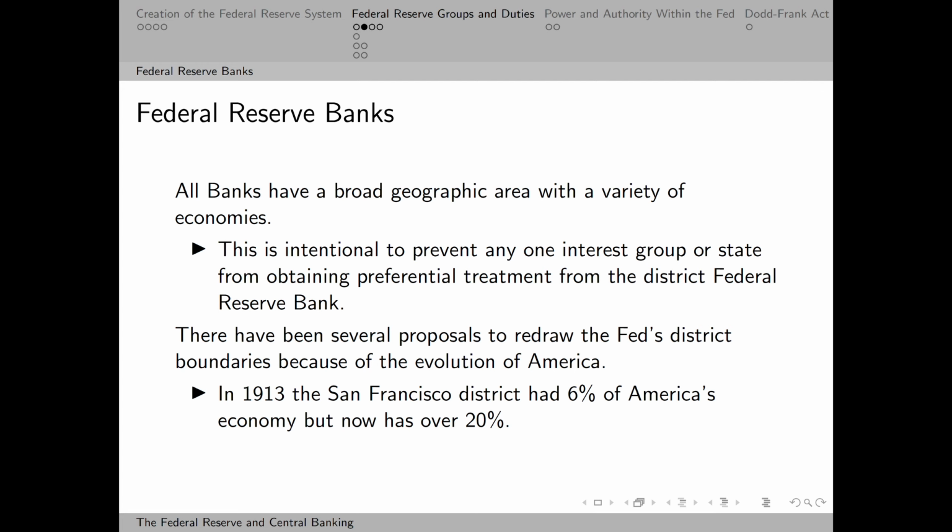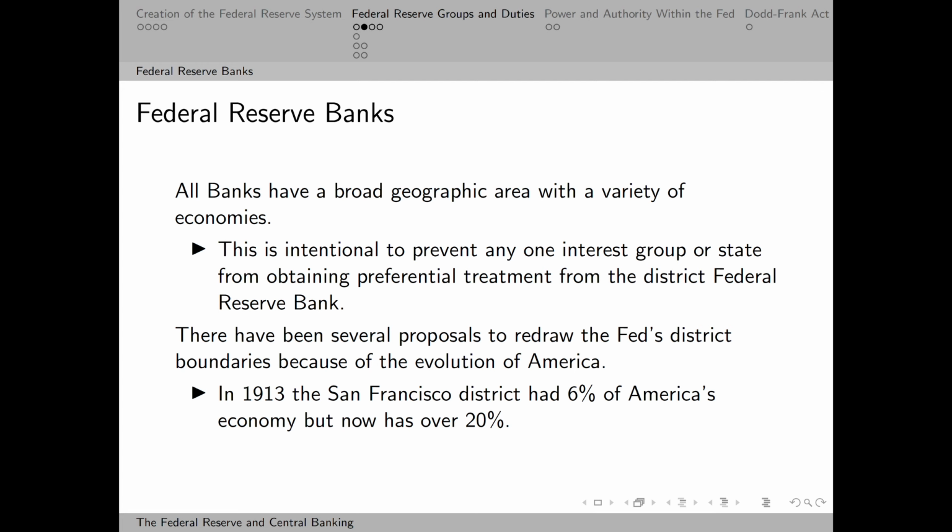intentionally designed to have a broad geographic area with a variety of economies. And this was intentional to try and prevent any one interest group or state from obtaining preferential treatment from the district Federal Reserve Bank. So if you think about if there was a central bank that only looked after agricultural regions, so you had a single bank that was through the Midwest, excluding Chicago, which is a financial hub, it would probably lean towards protecting agricultural interests.